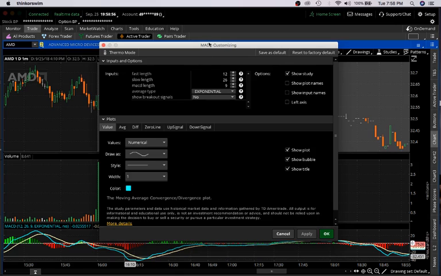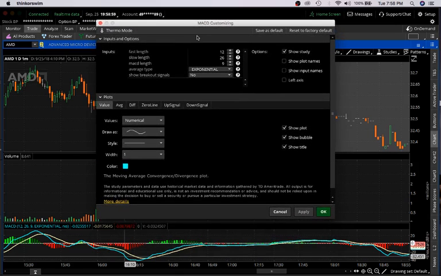So now correlating with our color system, the light blue line here is a combination of the fast length and slow length. Our fast length, or time period that it uses on a 1 minute chart, is 12 minutes. The slow length is 26 minutes.